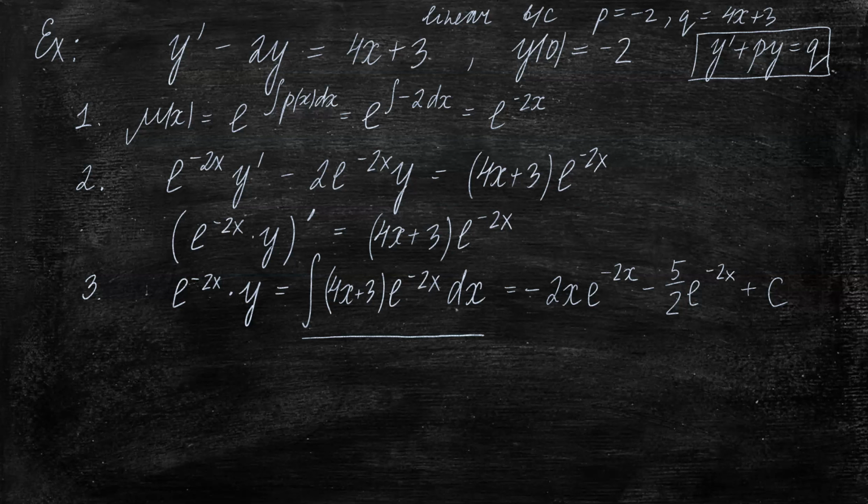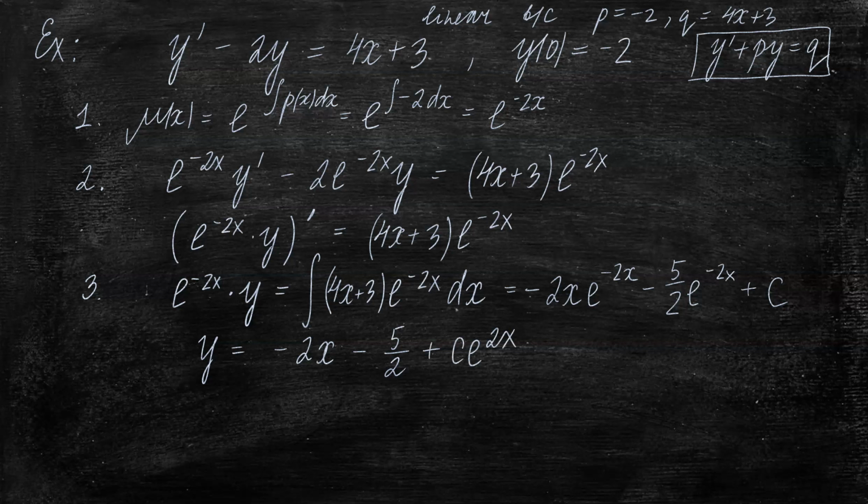And remember, the last step is to isolate the y, so we multiply both sides by the reciprocal of e to the negative 2x, which is e to the 2x, and our final answer for the general solution looks like this.